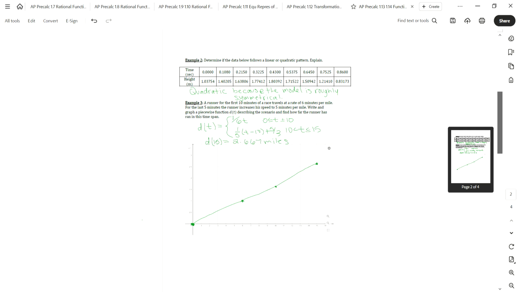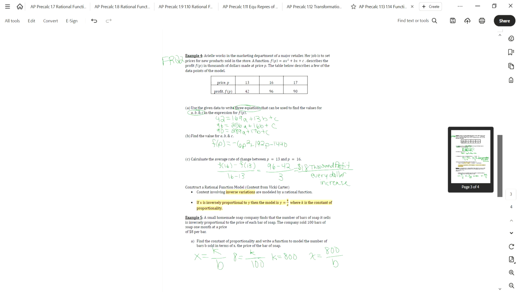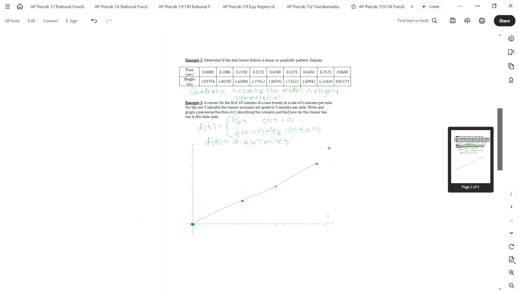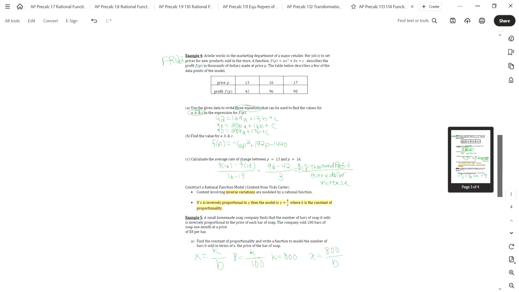So we talked about how we saw some tables with patterns, how we constructed a piecewise function as well. We're remembering that point slope form is the best form. Oh, yes, perfect.